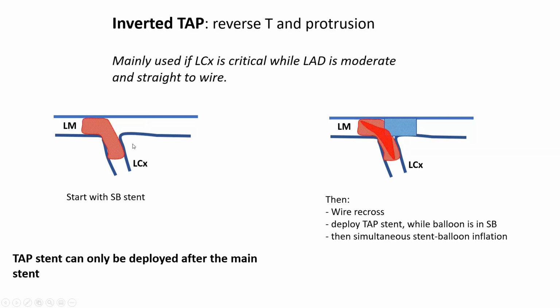But in cases where the circ is critical, whereas the LAD is moderate, and the LAD is easy to wire, while the circ is very hard to wire, in those cases, if you want to use TAP, it's probably better to use inverted TAP, where you put your initial stent left main to circumflex, and then you position your TAP stent in the LAD to hang in the middle of the circ, and you make a piece of that LAD stent hang in the middle of the circ, and eventually you deploy it, inflating simultaneously the balloon that has been stationed from the left main to the circ. Again, you're deploying that TAP LAD stent after you deployed the main stent.